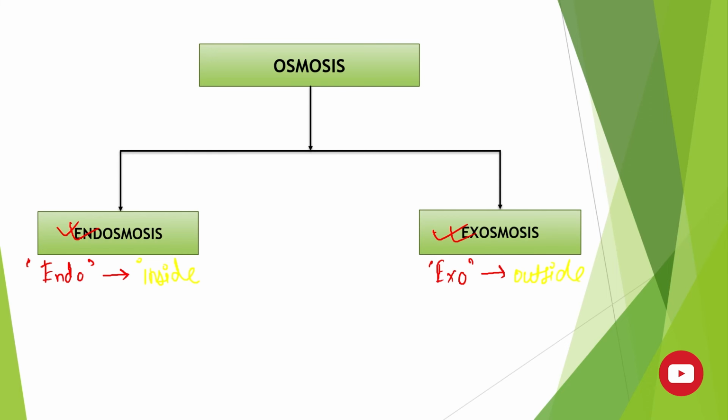So endo means inside and exo means outside. Now by hearing the meaning of these two terms, you can understand that these two processes have something to do with inside and outside. So that we are going to be understanding.